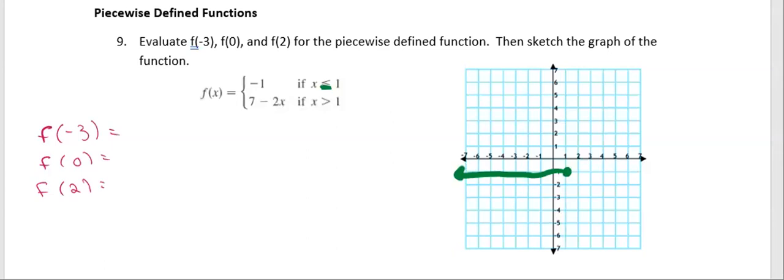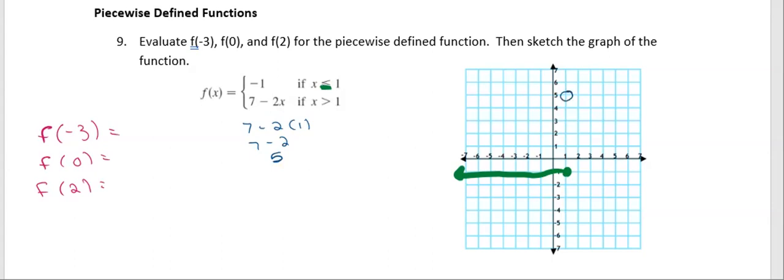So let's see what the value is at 1 and put an open circle to signify we're not using 1, but we're using extremely close to 1. That'll look like 7 minus 2 times 1, or 7 minus 2, or 5. So 1, 5. We're going to put an open circle.